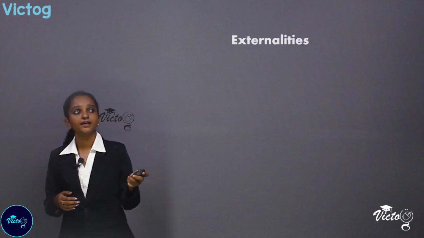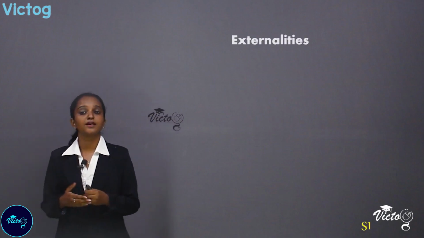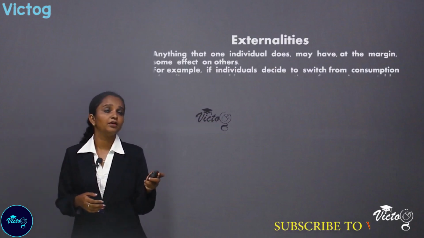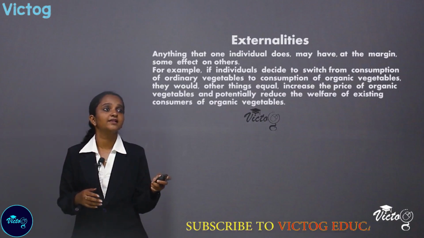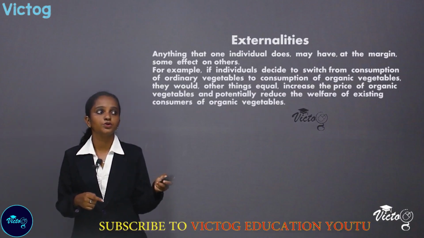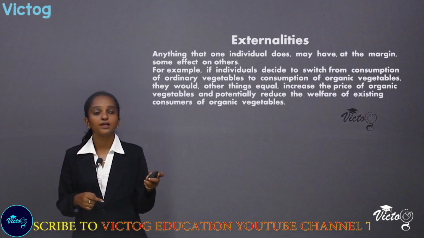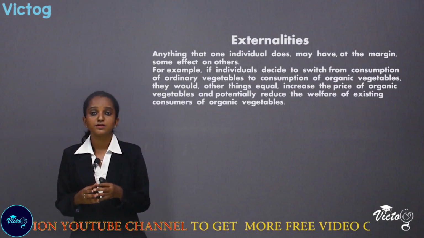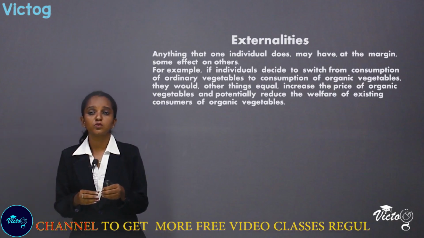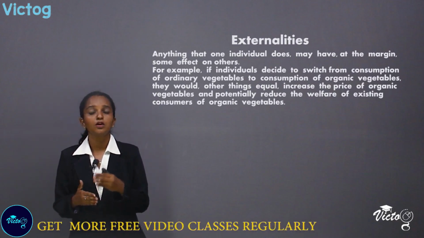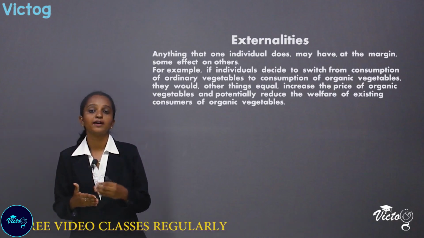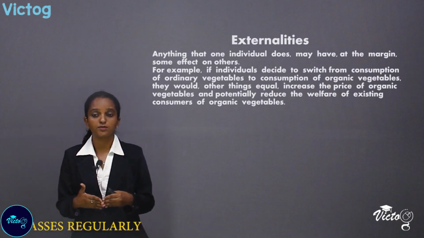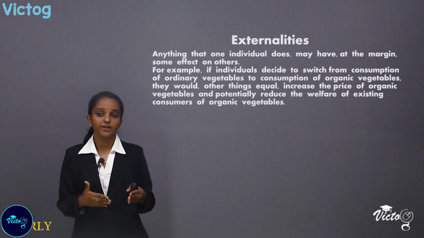And the second reason for market failure is externalities. In layman terms, by externality we mean anything that one individual does may have some effect on others. For example, take an individual who was used to consuming ordinary vegetables till now, and he has shifted his consumption from ordinary vegetables to organic vegetables.